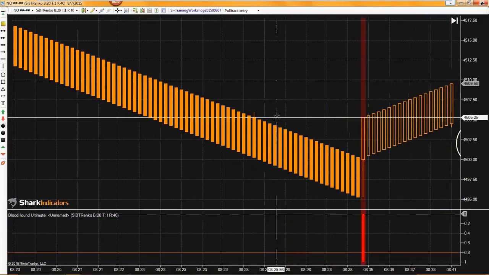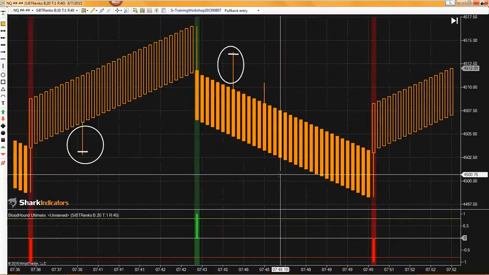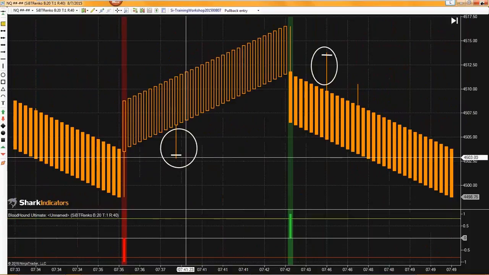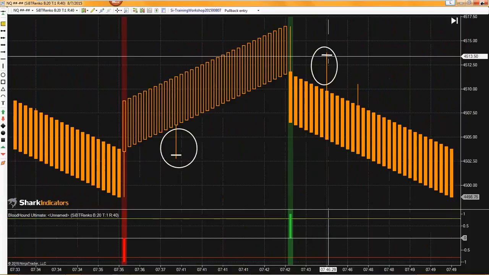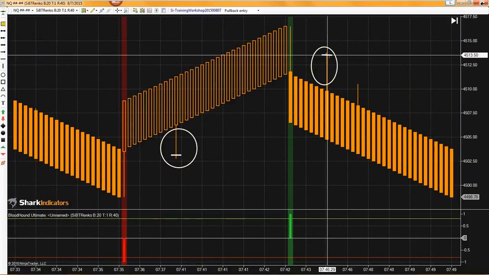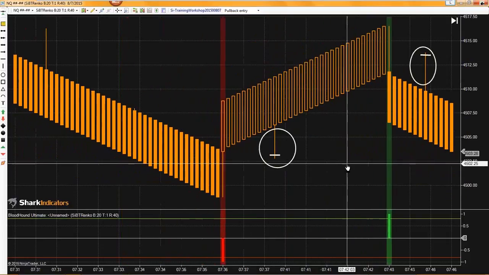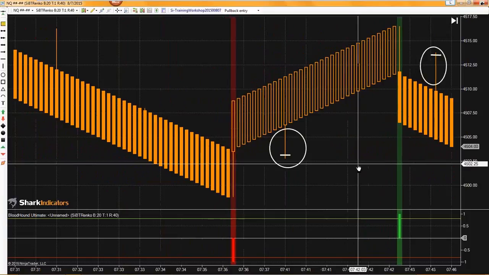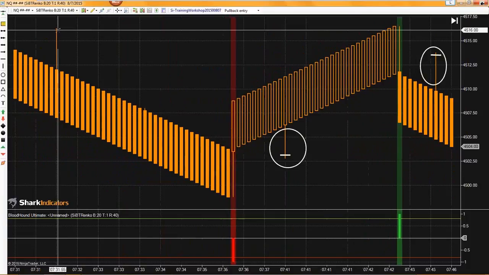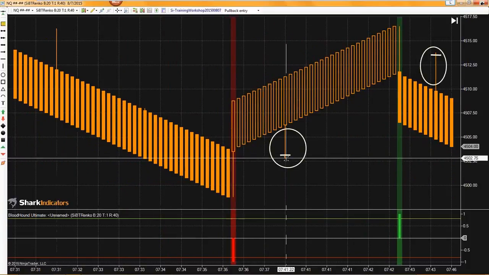So it looks like these wicks weren't long enough to actually get in the trade. So let's see if we can adjust that. Even that wick wasn't long enough.